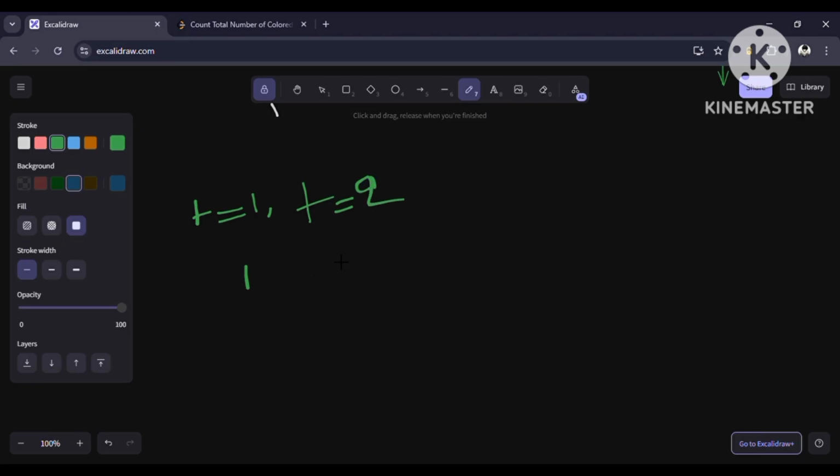For t equal to 2, my answer was 5. 5 means 1 plus 4 multiplied by 1. Next, for t equal to 3, what was my answer? My answer was 13.